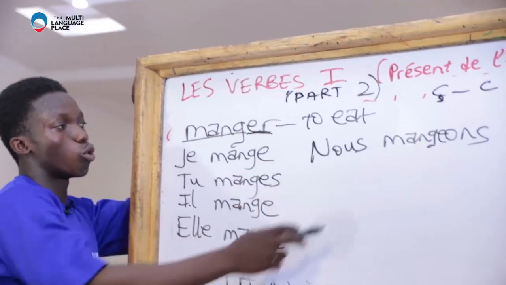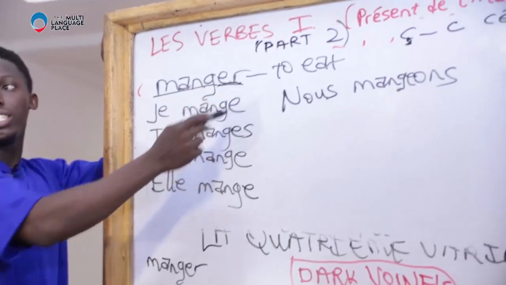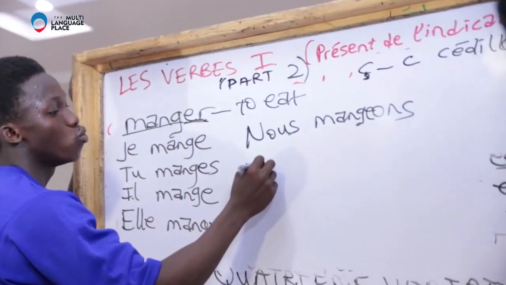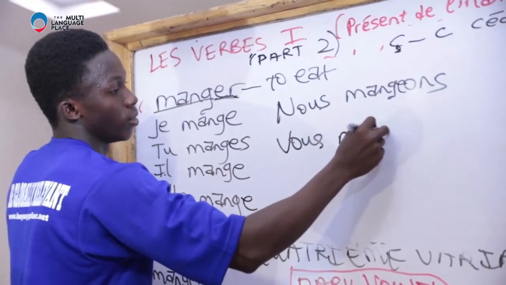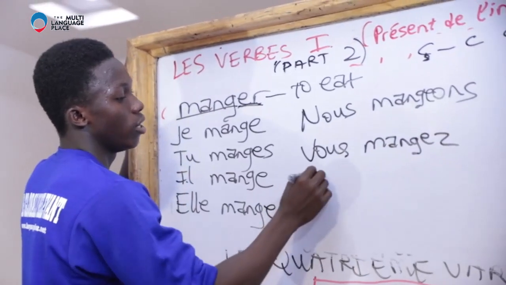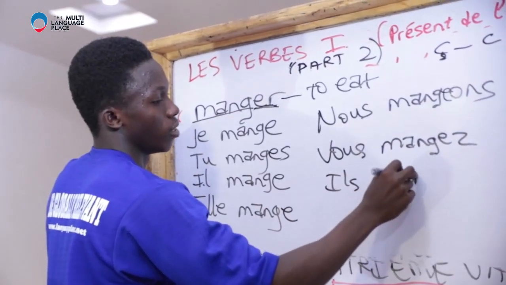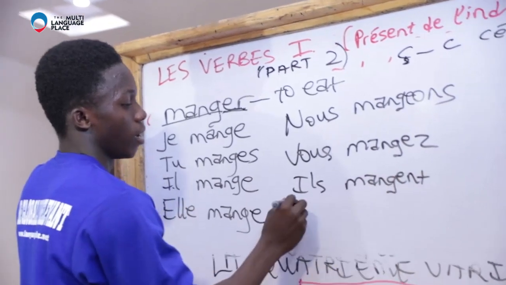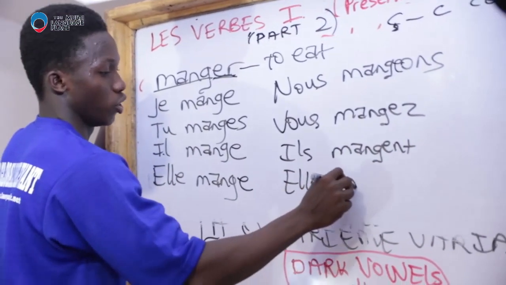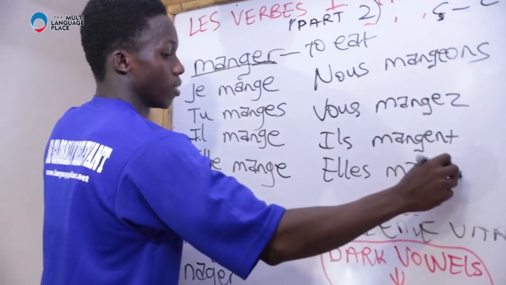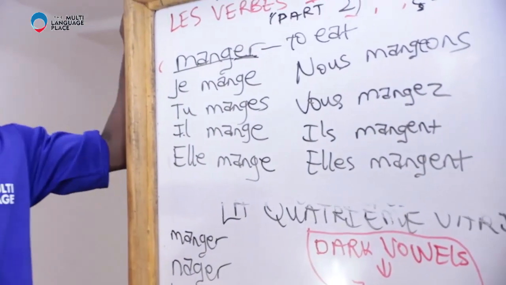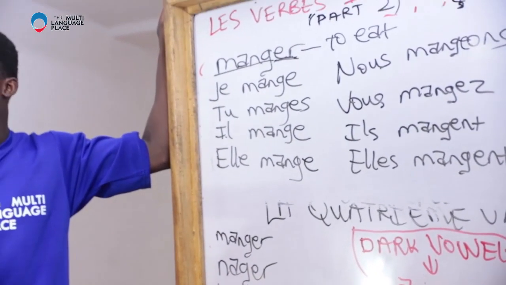This happens to all verbs that end with GER. Vous mangez, ils mangent, elles mangent. Now that is how GER verbs are conjugated.